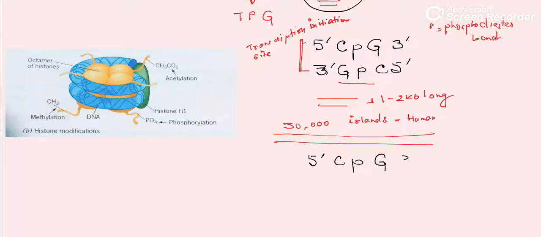CpG on the 5 prime to 3 prime strand, and GpC on the opposite 3 prime to 5 prime strand, and methylation occurs on the cytosine.